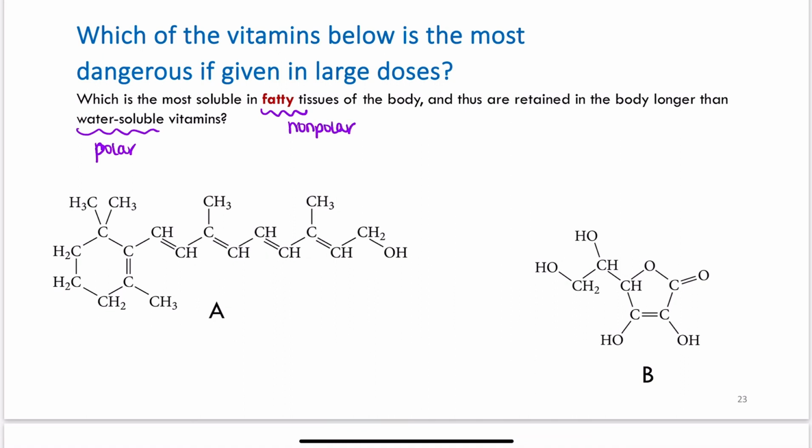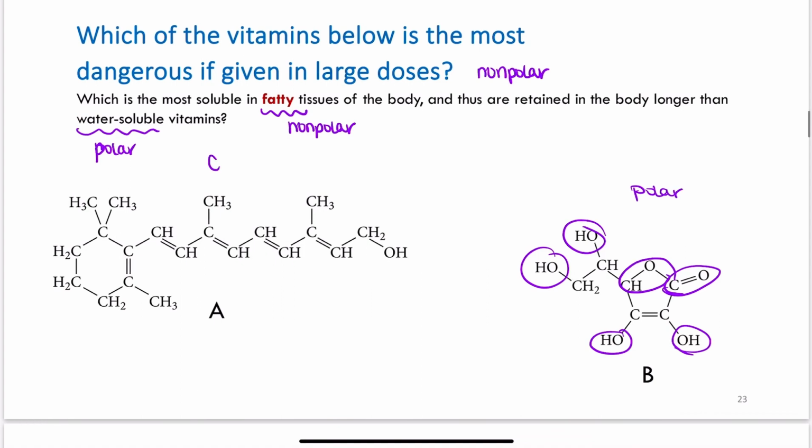Looking at A and B, which one is going to give me more problems? Which one is more dangerous? The one that's nonpolar, because it's going to stay in the system longer. Looking at these two compounds, OH, OH, OH, this group here is very polar.